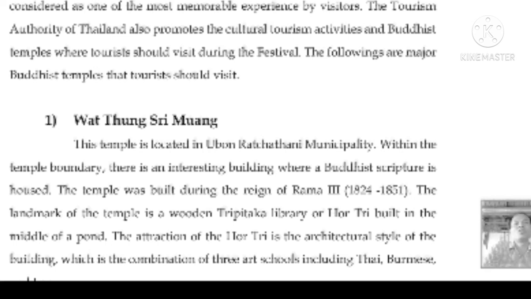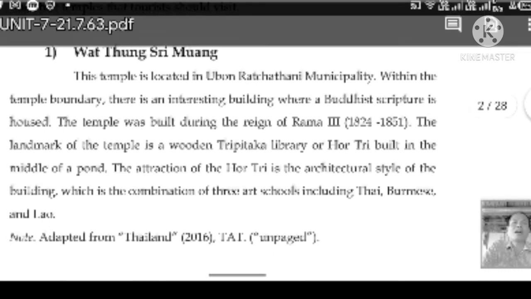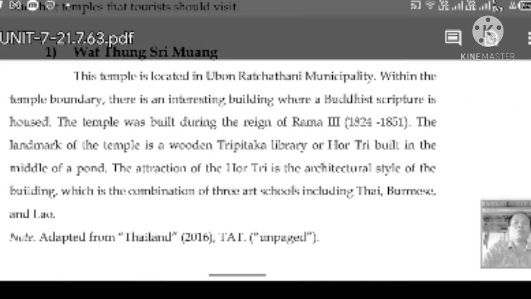Middle of the pond means it's surrounded by water. The attraction of Hotrai is the architectural style of the building, which is a combination of three art schools: Thai, Burmese, and Lao.